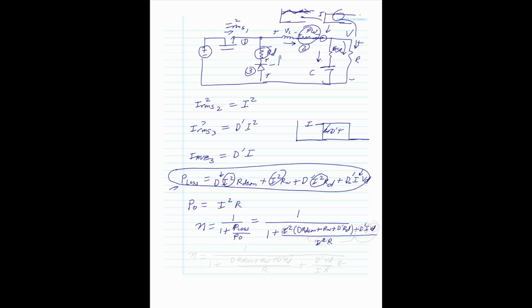That's how we get it. The only weird component we have is this one now. We have to do something about that. But so far, we have everything in here.